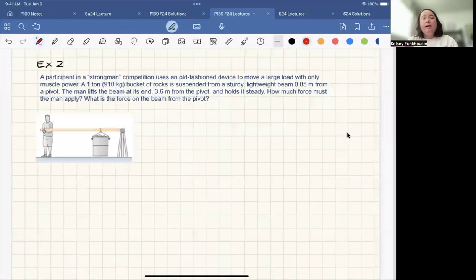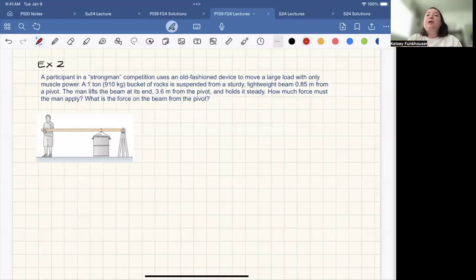And this time, in my extended free body diagram, I'm not going to ignore the forces acting on the pivot. I'm going to draw it in my extended free body diagram. Let's pause and read the problem. A participant in a strongman competition uses an old-fashioned device to move a large load with only muscle power.